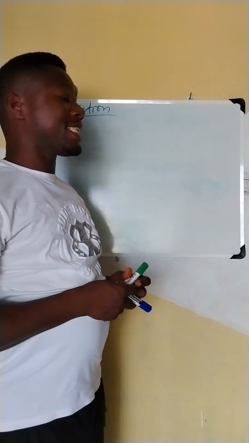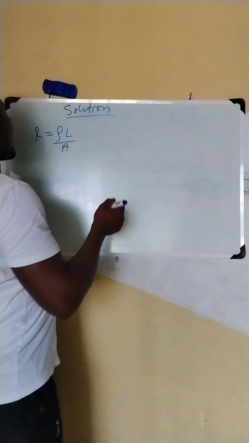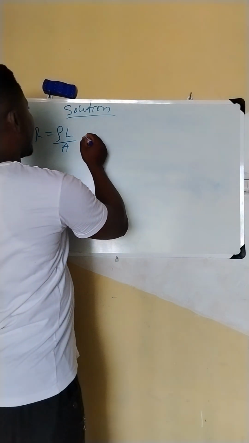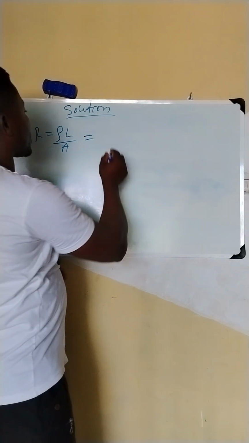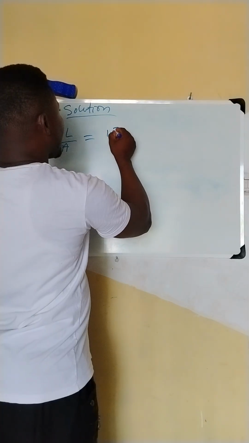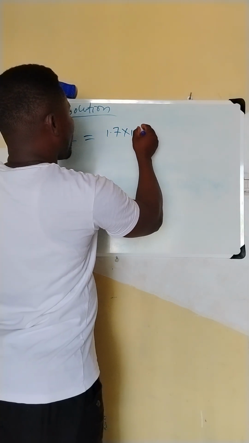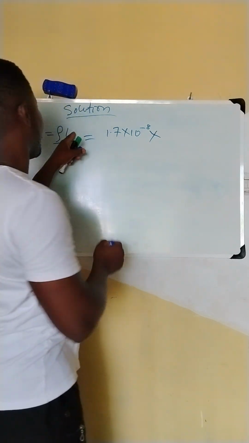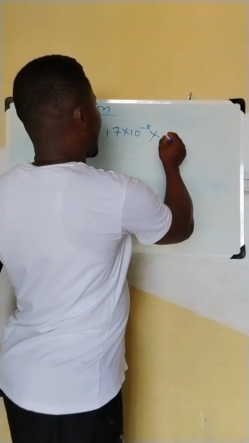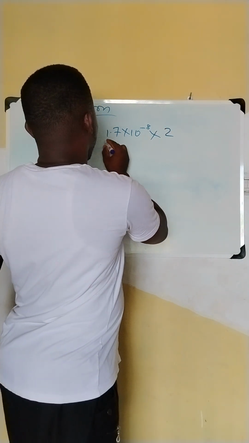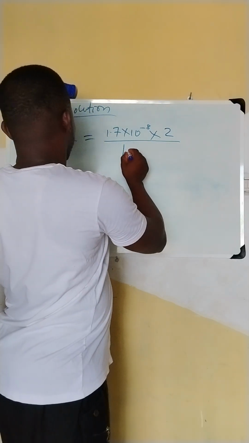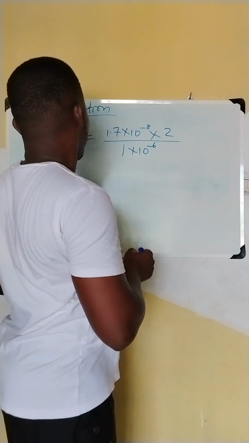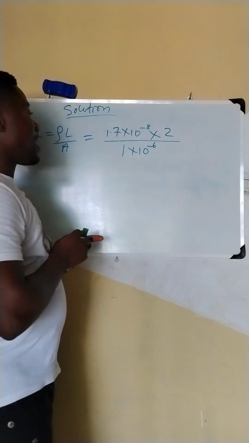As simple as that. Now look at what I'm going to do here. From the question, the resistivity is given as 1.7 times 10 raised to the power of negative 8. Then multiply by length, which is given as 2 meters. So multiply by 2 all over 1 times 10 raised to the power of negative 6, which is the cross-sectional area.